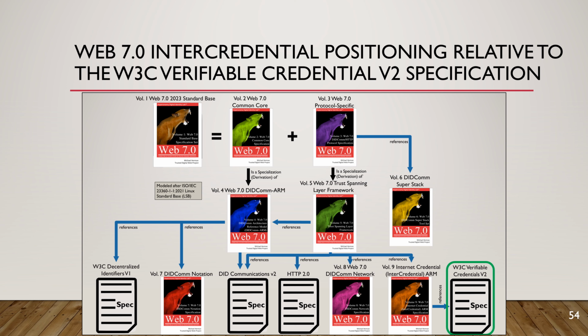The InterCredential spec is obviously a superset of the Internet credential formats and serializations, of which the W3C Verifiable Credential V2 spec only covers a corner, the corner being LDVC1 and LDVC2. So here in the green box you see the W3C Verifiable Credentials V2 spec is really a sub-specification, a reference specification of the Internet Credential ARM.